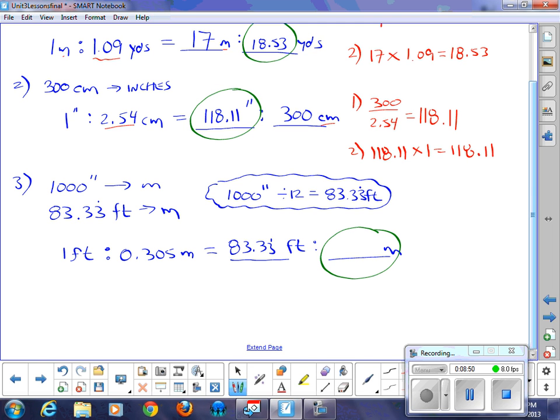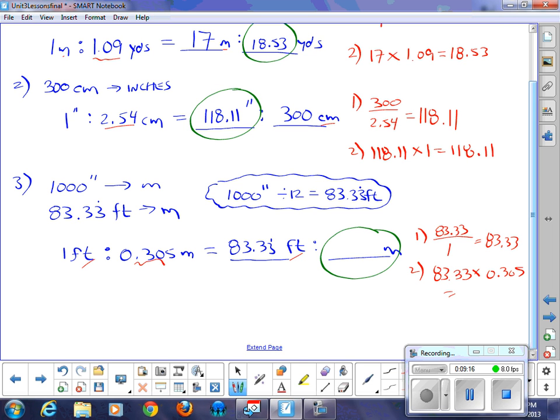So step 1, take the number that's by itself. So that's the 83.33. And we're going to divide it by its matching number on the other side. So we're going to divide by 1. So it's still 83.33. Step 2 is we take that value and we multiply it by the remaining number. And our remaining number is the 0.305.